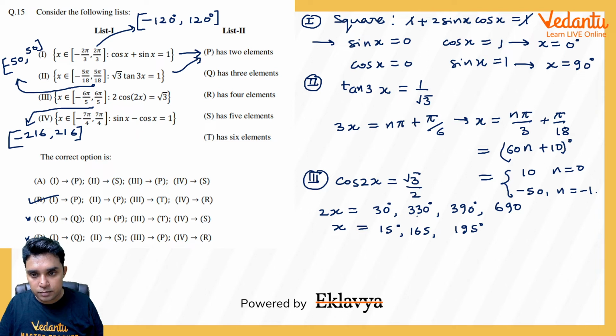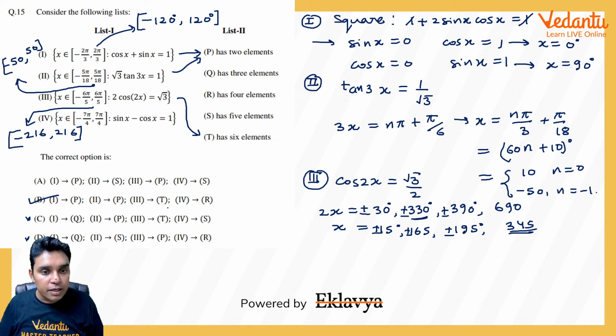Let us check. Yeah, it will be corresponding to this only. Just add 360 to it, so it will be 690, and you can check half of it will be a bigger number, 345. Now because this is an even function, let us put plus minus, that will give us the answer. So 6 values should be the answer for this one. So for the third one, it should have 6 elements. You can check third is also giving us T.